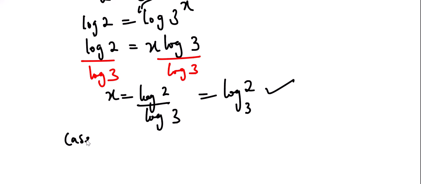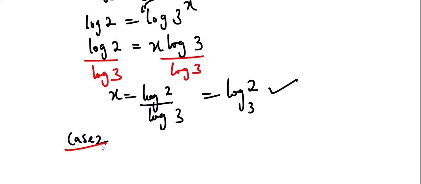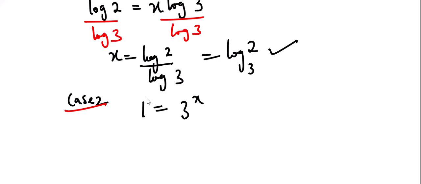For case number 2, recall that we have 1 equals 3 to the power of x. Instead of using logarithms, you can say that 1 can be written as 3 to the power of 0, which equals 3 to the power of x.